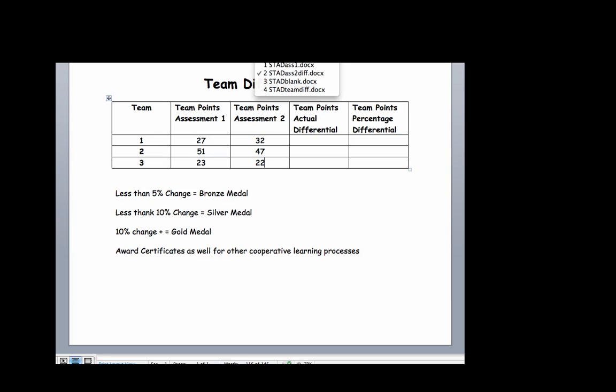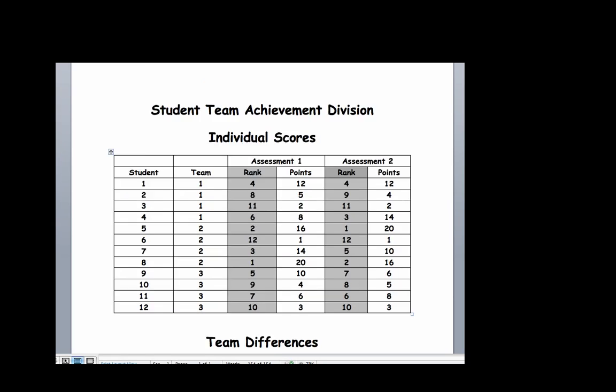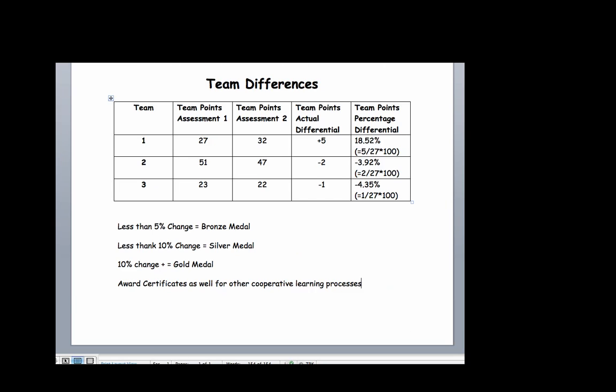Now if we look at the team differential, we can see that team 1 has a differential of +5 after the second assessment. There's a -2 for team 2 and a -1 for team 3. So the percentage change or improvement would be positive for team 1, and then unfortunately it would be negative for teams 2 and 3.